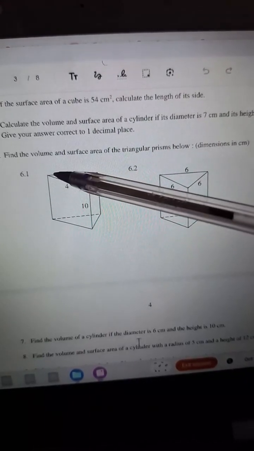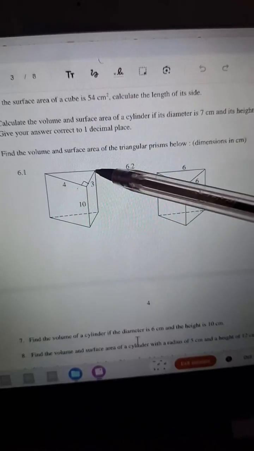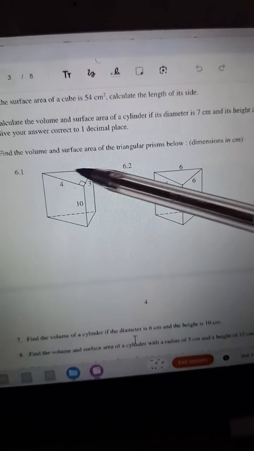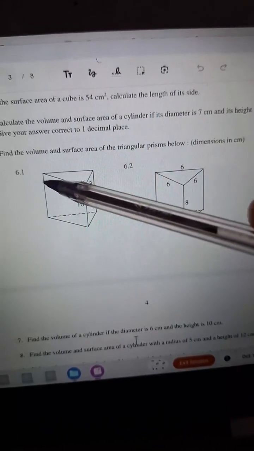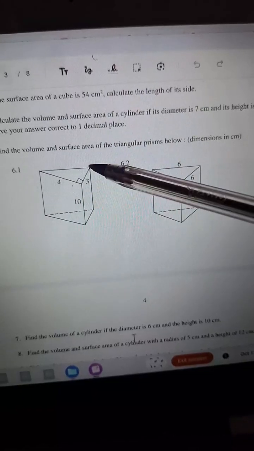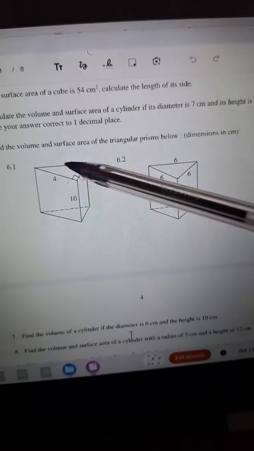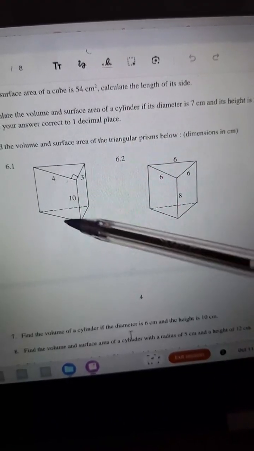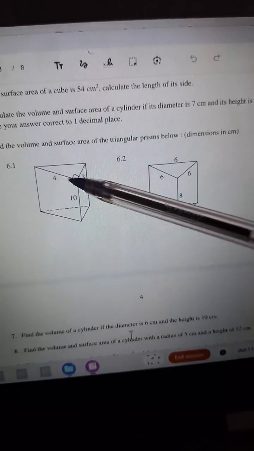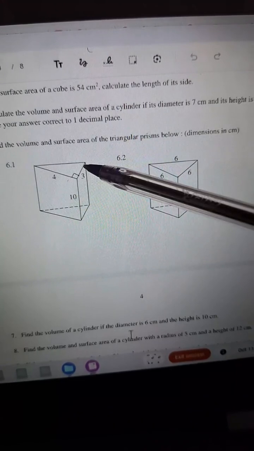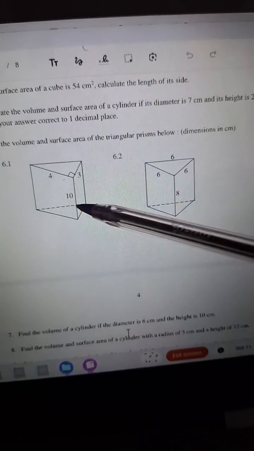Then there's that one at the back, we don't have this side length, but we need to first find that side length so that for our third rectangle, we can also use the horizontal and the vertical dimension to calculate the area of that back rectangle. So we have the dimensions for this first rectangle, 4 times 10. We have the dimensions for this second rectangle, 3 times 10.